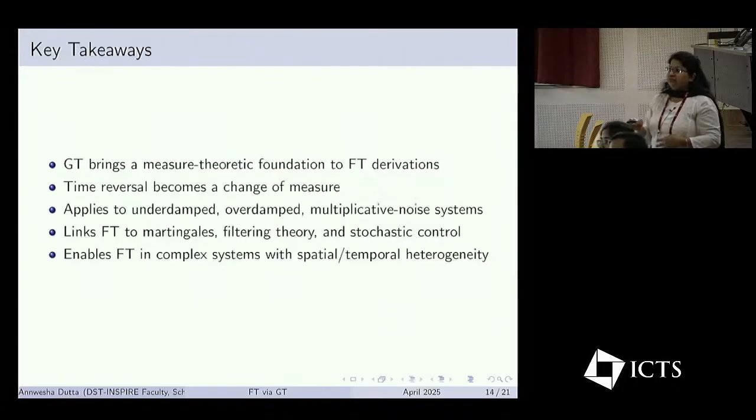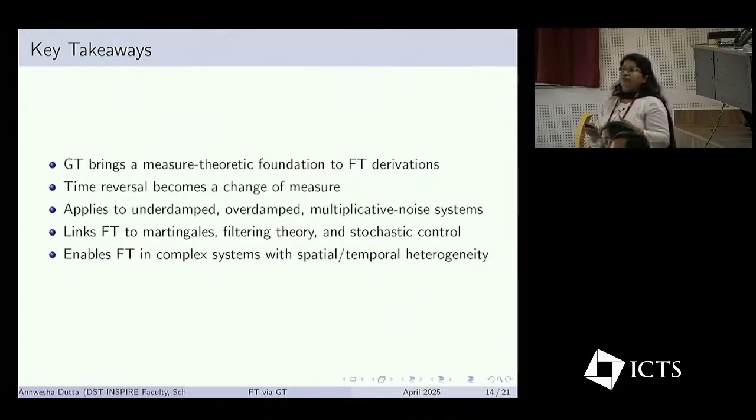Now, the main key takeaway is that the Girsanov theorem brings a measure theoretic foundation to the fluctuation theorem derivations. That is, it gives a strong theoretical foundation. We see that the time reversal becomes a change of measure.